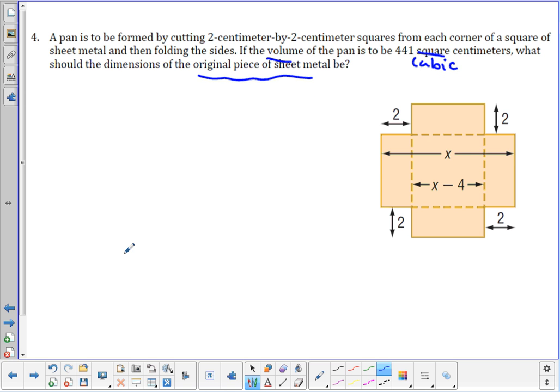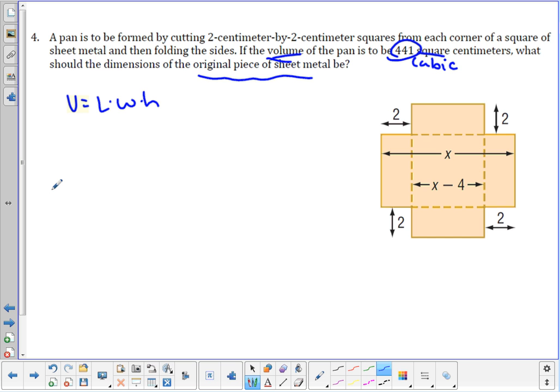Okay, this is quite a complex problem. So you know that you're looking at this original square that then gets these corners cut out and folded up to make the pan. What you know about the pan is its volume. Volume is equal to length times width times height.